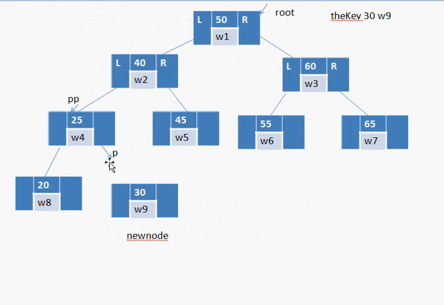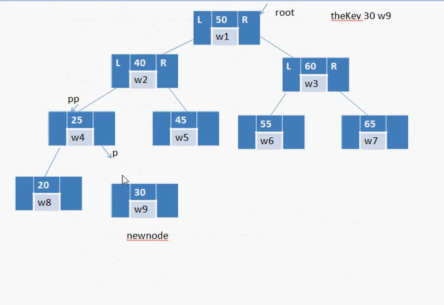Okay, now what we have to do is, if I use pp of right child, that's actually the exact position where the connection should be established. If you want to connect this new node, then pp of right child is actually that command which you need to write in the program to create the connection between these two nodes.